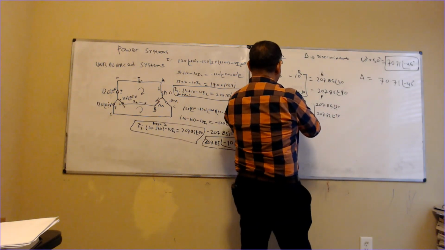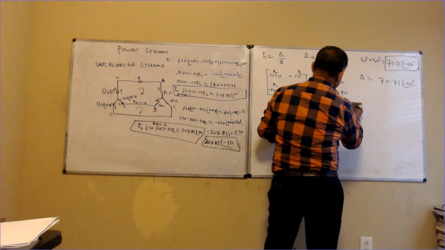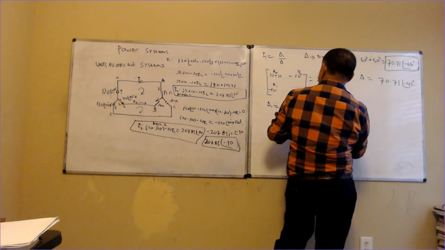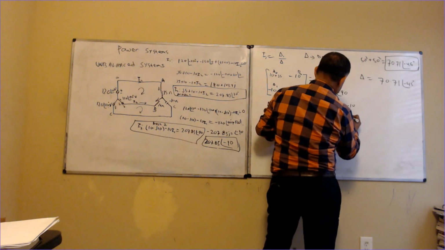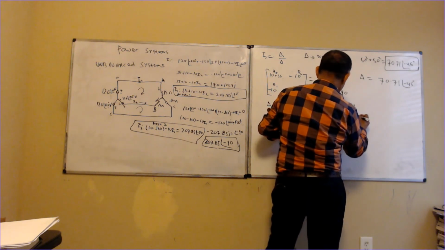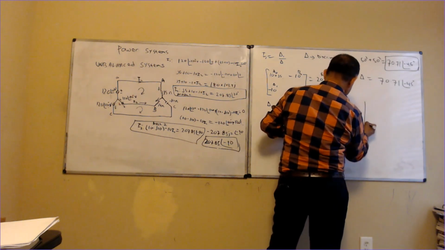And I should have minus 10 here, and minus 10 minus J10 here, right?